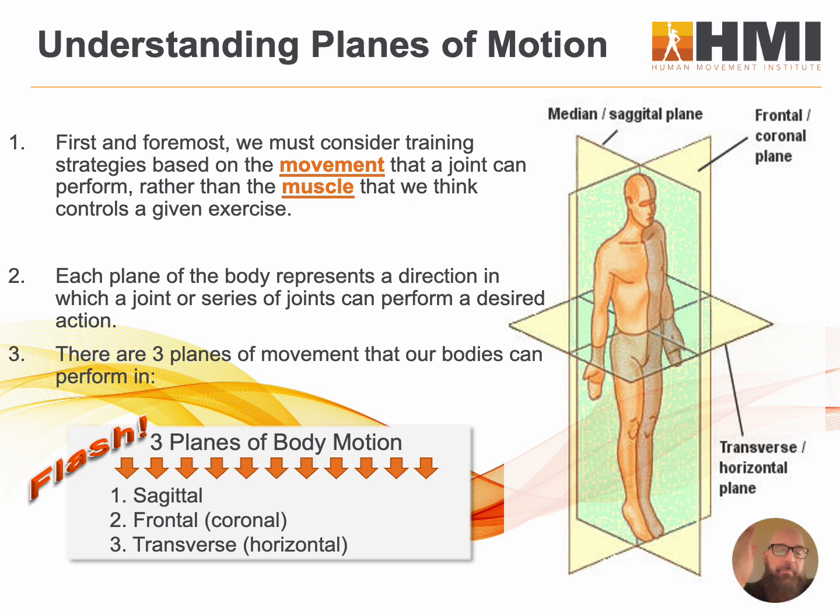But the big thing to understand here is that the body moves in 3 planes of motion: the sagittal, frontal, and transverse. That's how we typically use it in kinesiology. Some of you, if you've taken anatomy, might have heard the coronal and the horizontal planes.